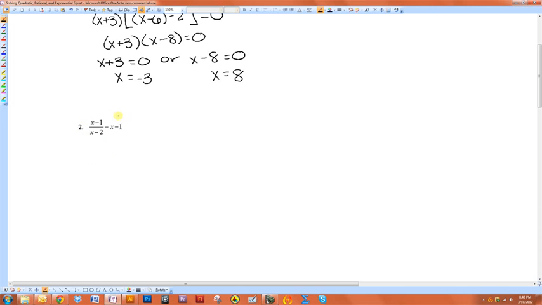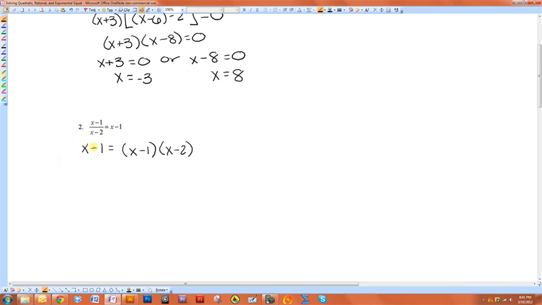Okay, so this one is a rational equation because it has a fraction here. I'm going to solve this by starting out by doing cross multiplication. So I would multiply this by 1, so it just stays x minus 1. And then I'd multiply this x minus 2 times this x minus 1. Okay, so when you see something that's obviously going to be a quadratic equation, then you know that you're going to need to have it set equal to 0.